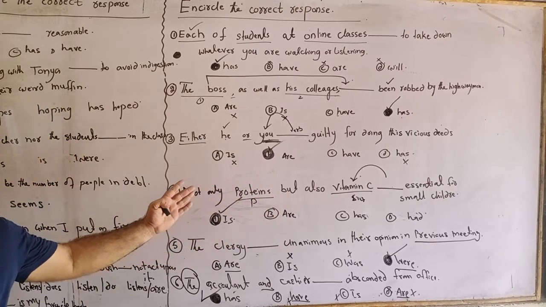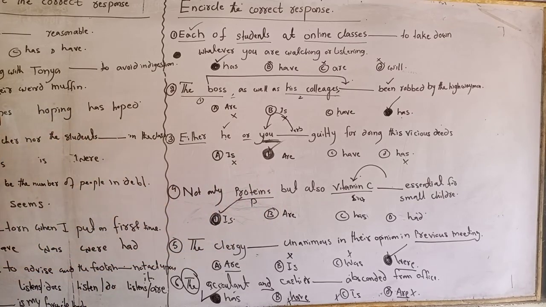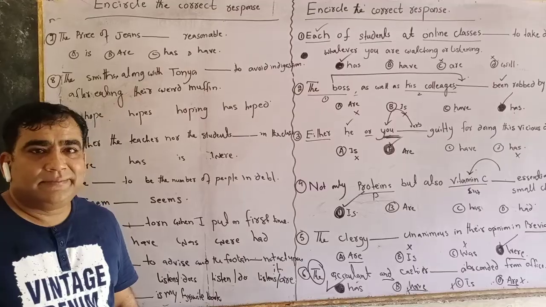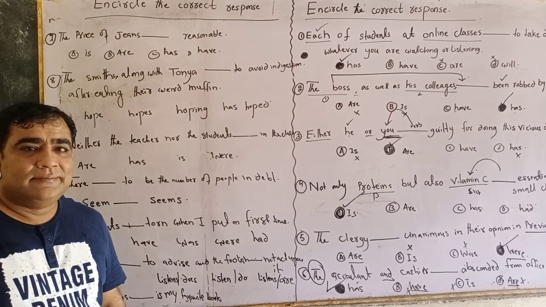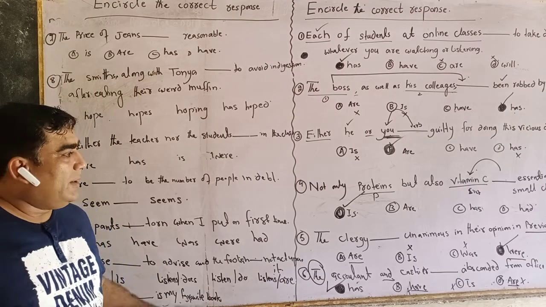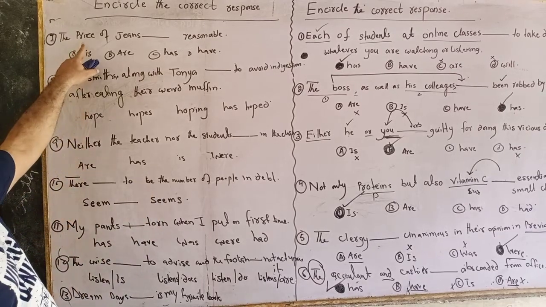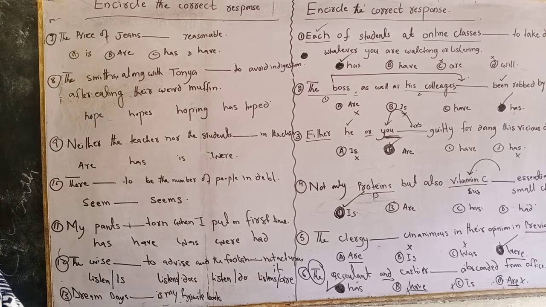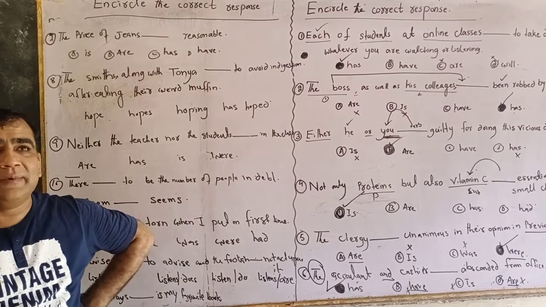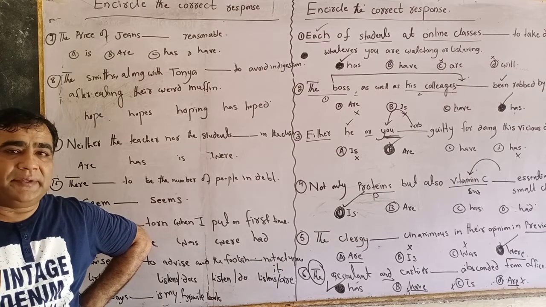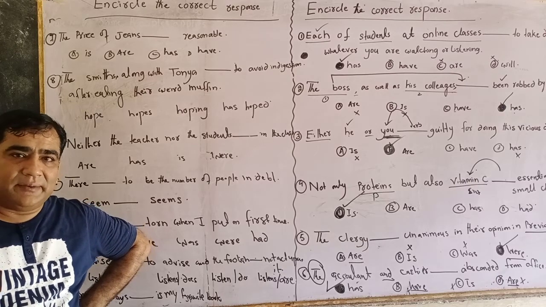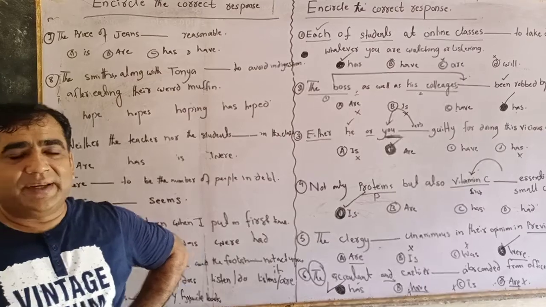Now coming towards the next portion, the remaining MCQs. "The price of jeans dash reasonable." Keep in your mind one thing: jeans, pants, knickers, scissors, headphones, tweezers.